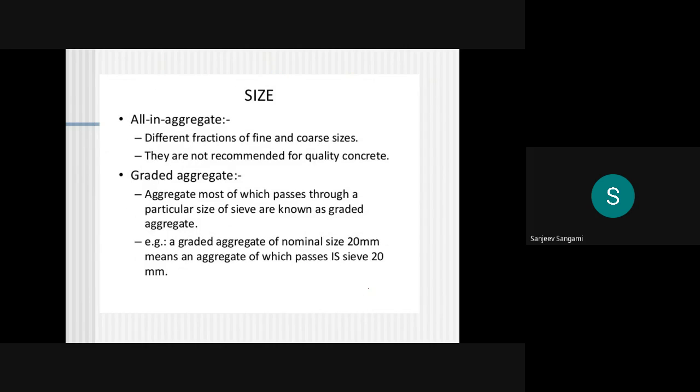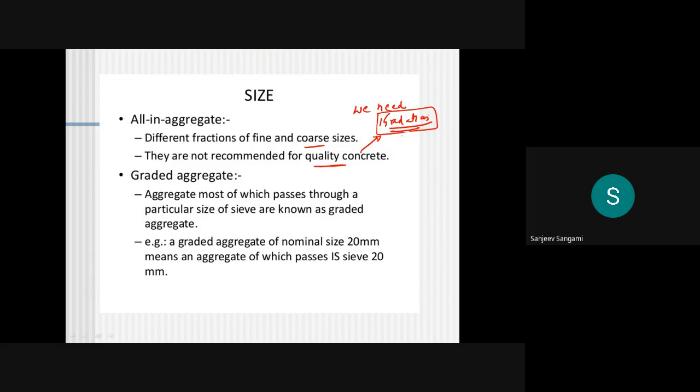Then in aggregate, there are different fractions of fine and coarse sizes. So they are not recommended for the quality of the concrete. Very important, we need gradation. Gradation plays a very important role in maintaining the total quality management of the aggregates.